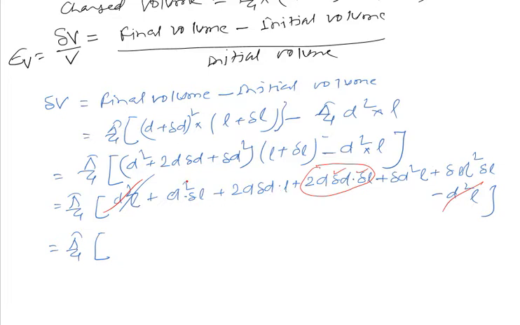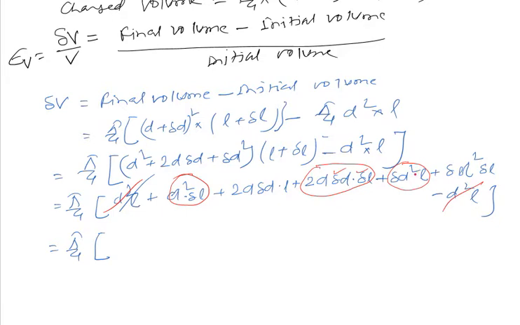D square, this is d square into delta L, correct? 2d, this value will be neglected, and we can neglect one more value, that is delta d square into L, and delta d square into delta L. This value also can be neglected, this is very small.